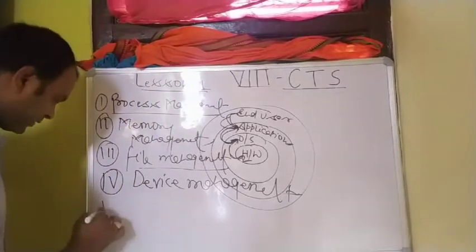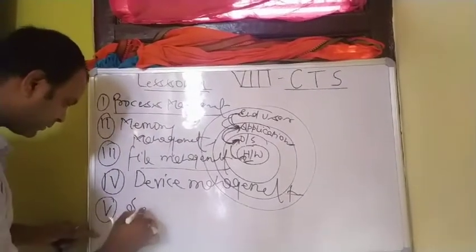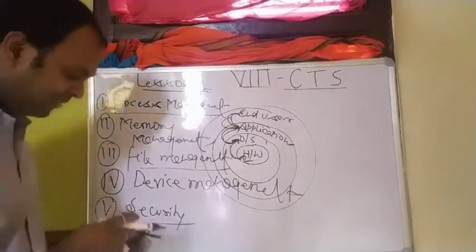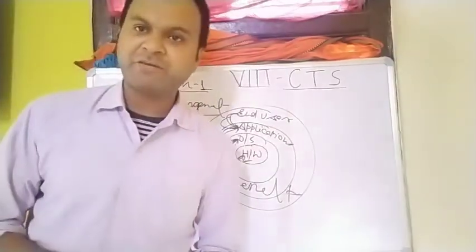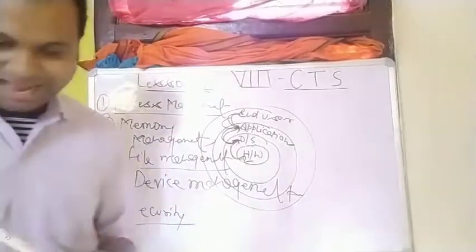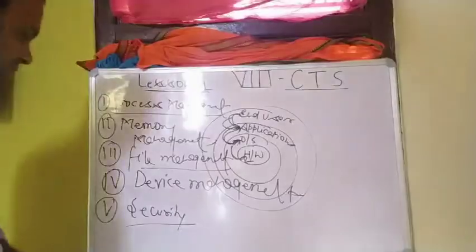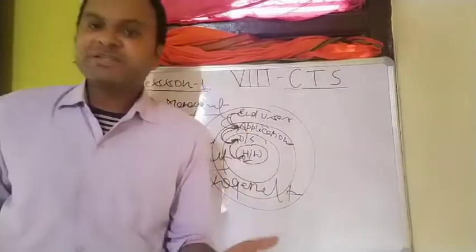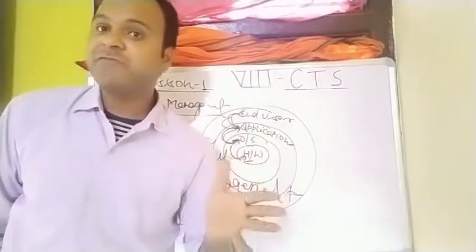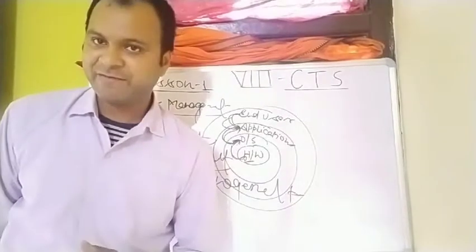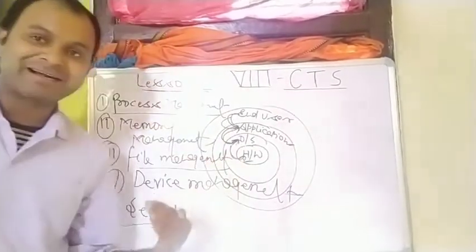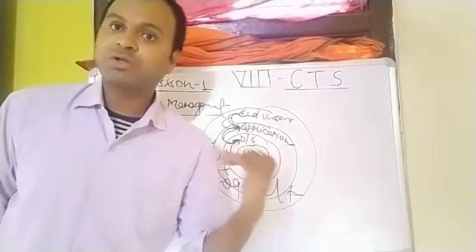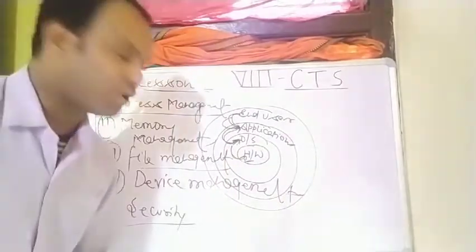Now the fifth one is security. For every operating system there is an inbuilt security feature and provision of safety. Security means the operating system ensures that your data stored in your computer is safe, and it provides different permissions that a user can grant, so that unauthorized access is not possible.